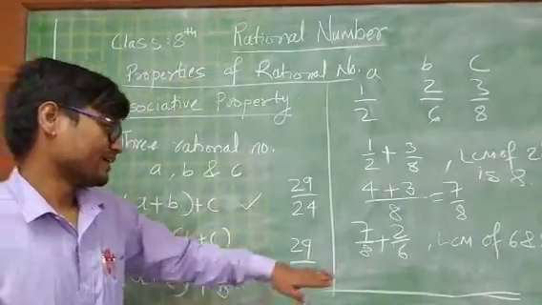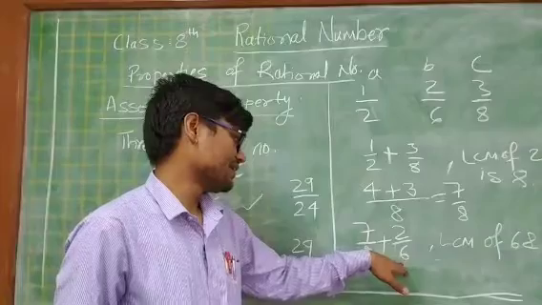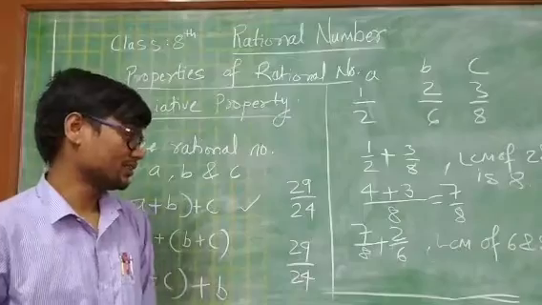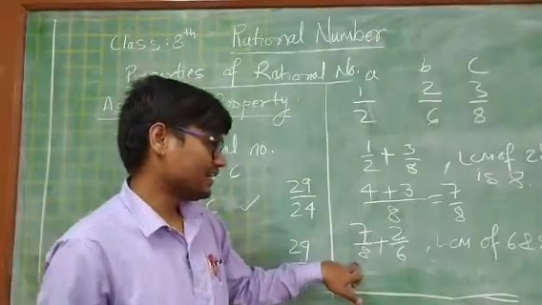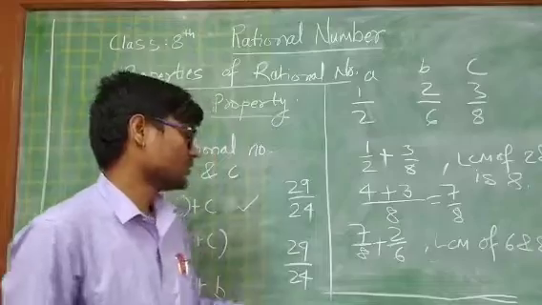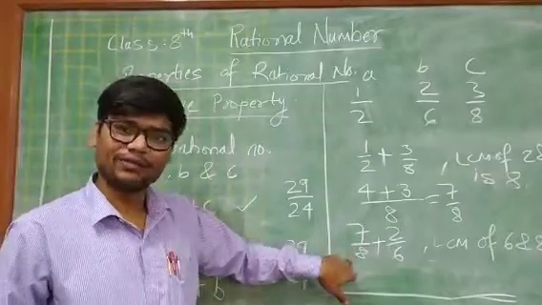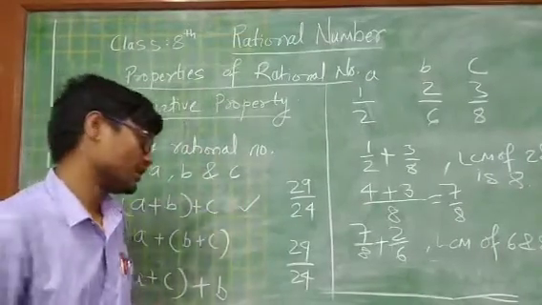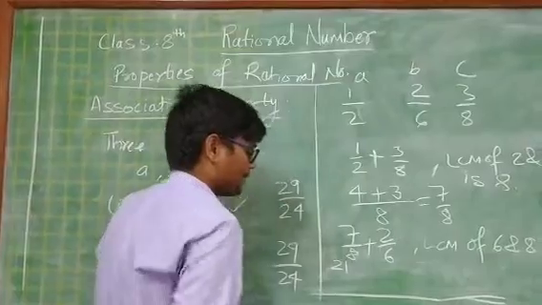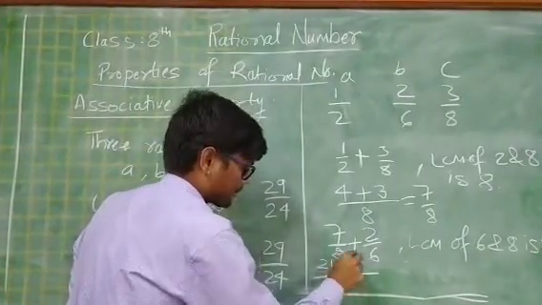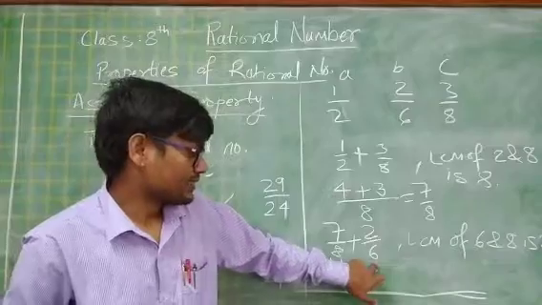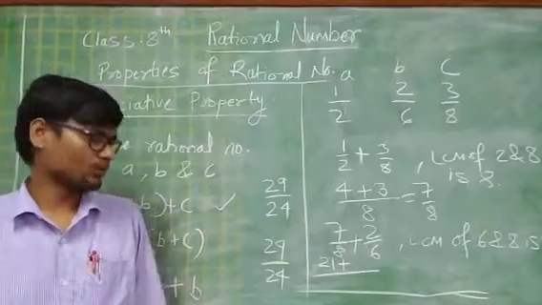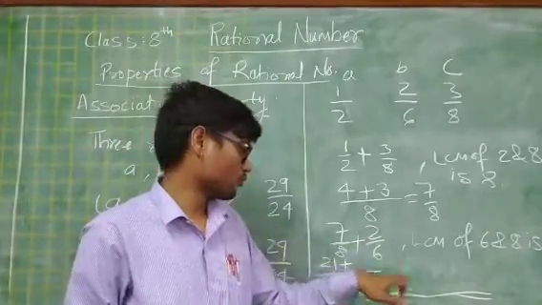So we can express these 7 by 8 and 2 by 6 in such a way that their denominator is 24. We know that 8 threes are 24, and since we are multiplying 8 with 3, we should multiply this 7 with 3. So 7 threes are 21. Plus this 6, if we want to convert it into 24, we should multiply it with 4. 6 into 4 is 24.